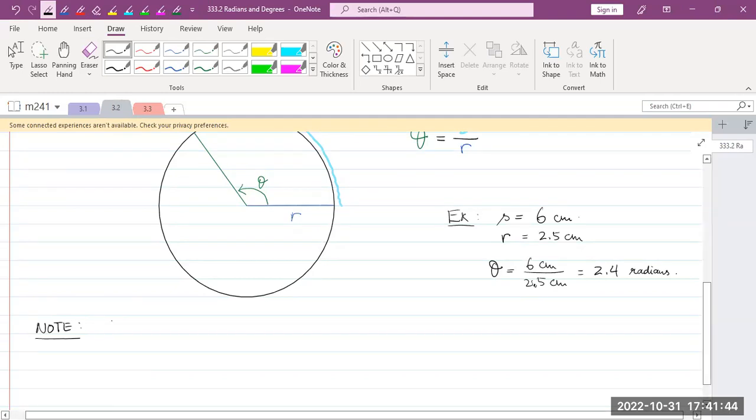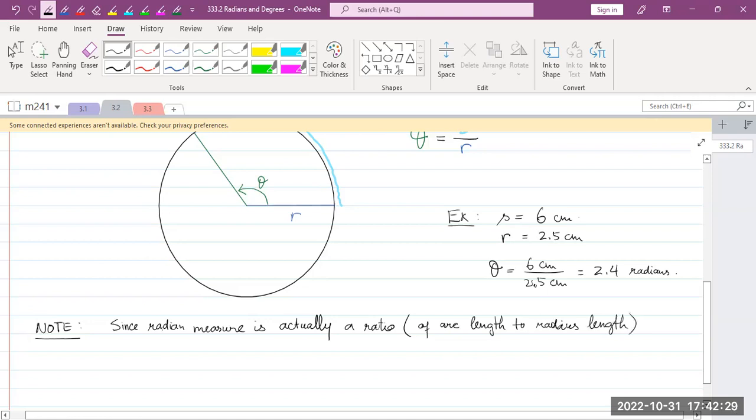Since radian measure is actually a ratio, to be more precise, the ratio of arc length to radius length, both of them lengths, right? Then radian measure is unitless.